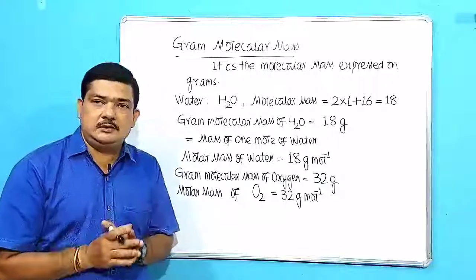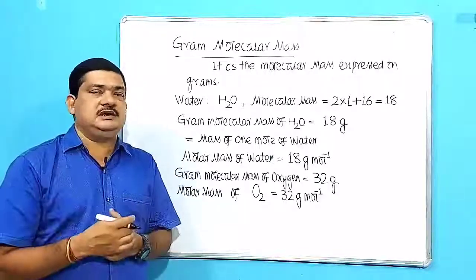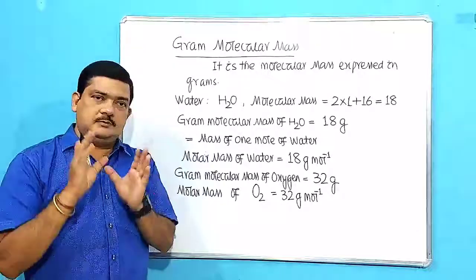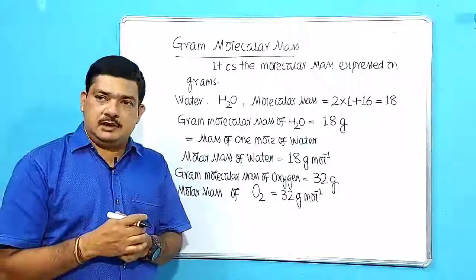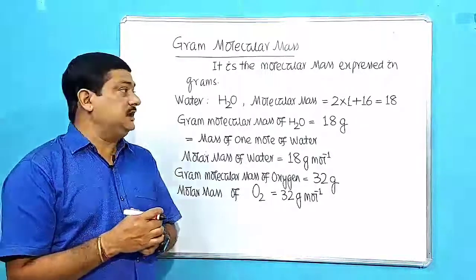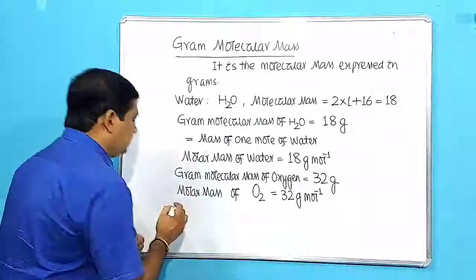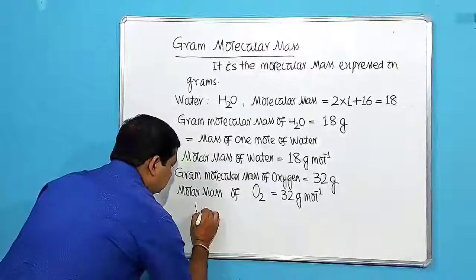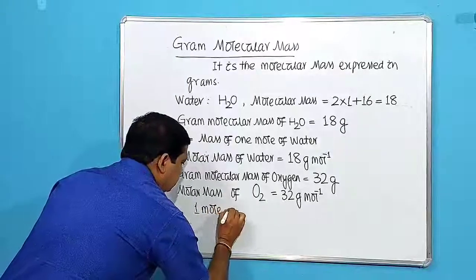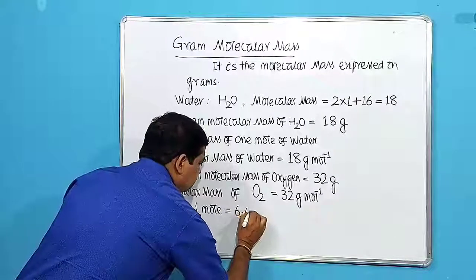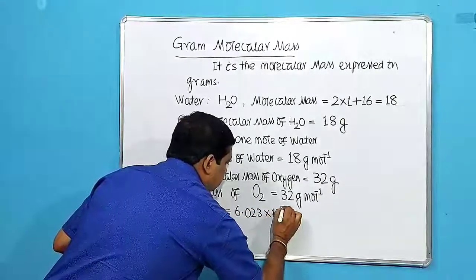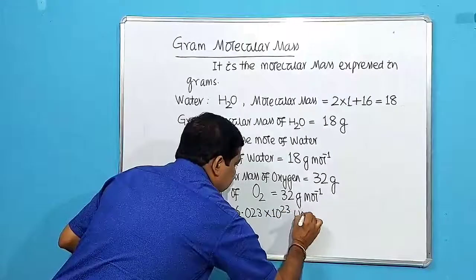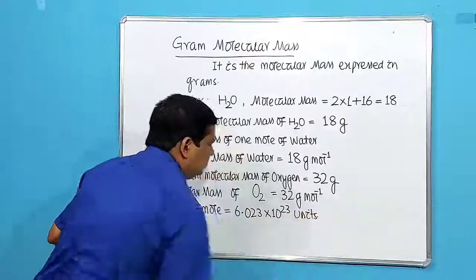For the time being, you need not worry regarding mole because I will be teaching you in detail. Mole is a bigger unit which stands for Avogadro number of units, that is 6.023 into 10 to the power 23 units. Later on I will tell you why I am adding units.